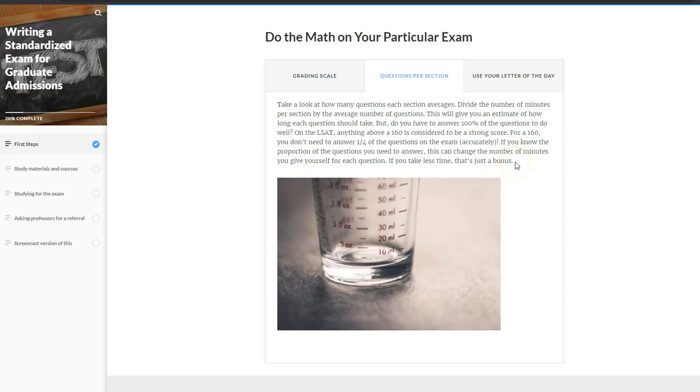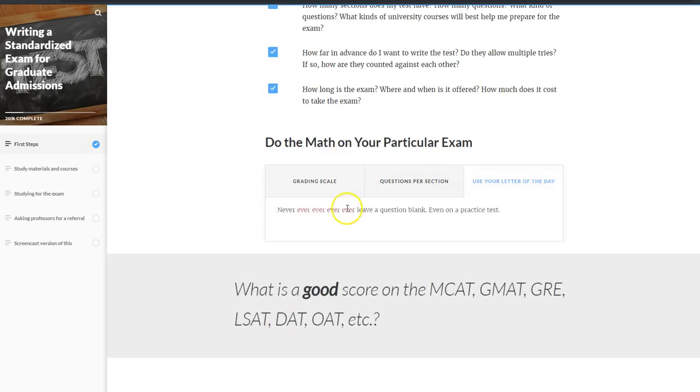So really focus, and when students rush, the accuracy tends to go down. And the other thing is never, ever leave a question blank. Ever. Even on a practice test. Your guess, your 1 out of 5 guess question, is part of your score. You should accept that little gimme that you get.